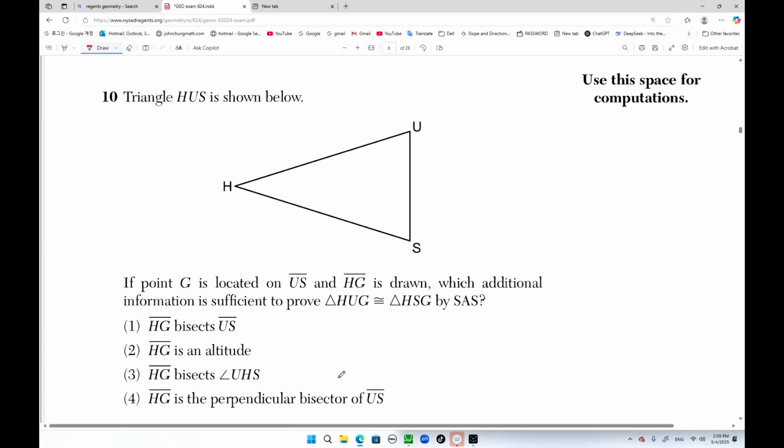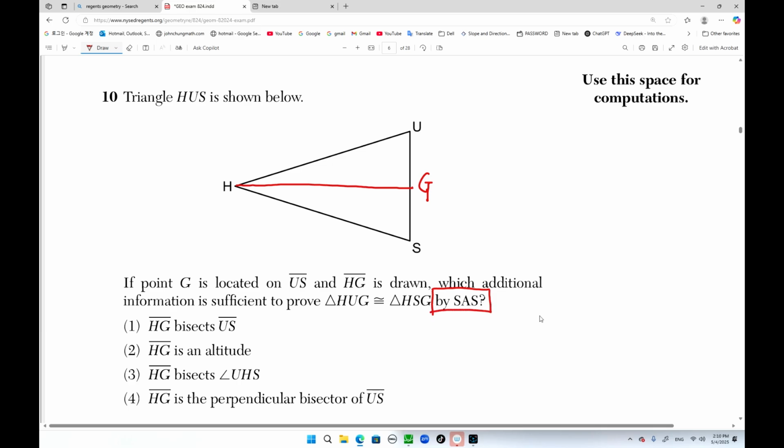Number 10, we have a triangle. The additional information is sufficient to prove triangle HUG. When you have G on the line, they are congruent over here. This is G. So these two triangles are congruent by this.